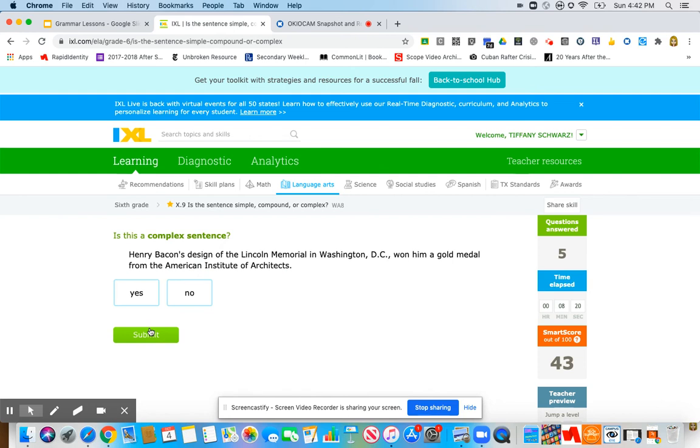So we're looking for another complex sentence. Henry Bacon's design of the Lincoln Memorial in Washington, D.C. won him a gold medal from the American Institute of Architects. There is no subordinating conjunction in this sentence. This is only an IC, so no, it is not a complex sentence.